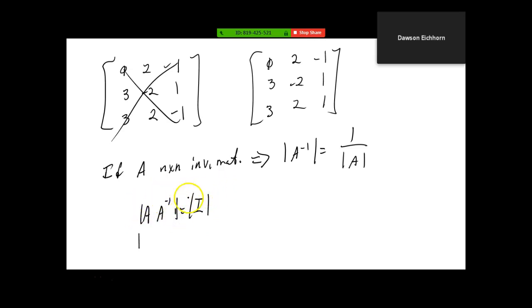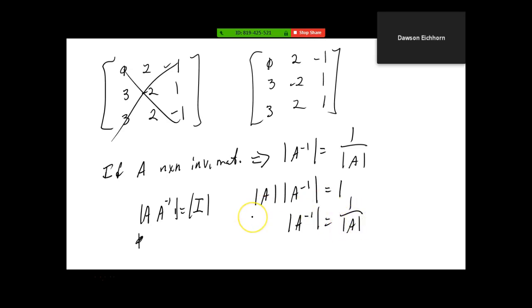We found out before that the determinant of a product is the product of the determinants. So the determinant of A times the determinant of A inverse. And what's the determinant of the identity matrix? 1. So therefore, the determinant of A inverse is 1 over the determinant of A.